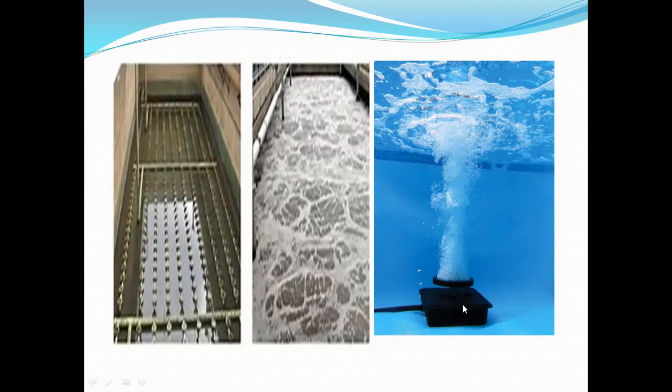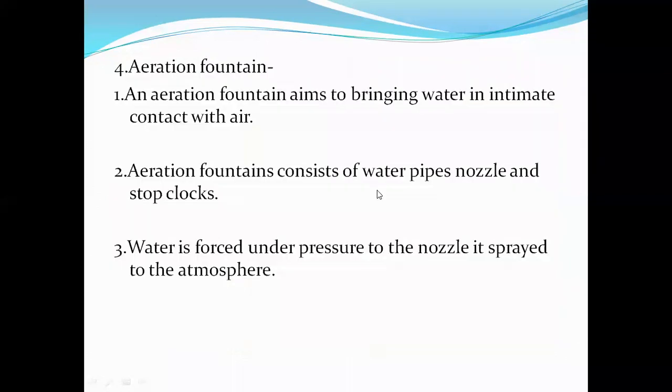See, this is the second air diffuser. In this air diffuser, see the cursor, air is passed in this diffuser, then by the pressure of air bubbles are created in the water, and the bubbles come onto the surface of water, and then the water comes into intimate contact with air.